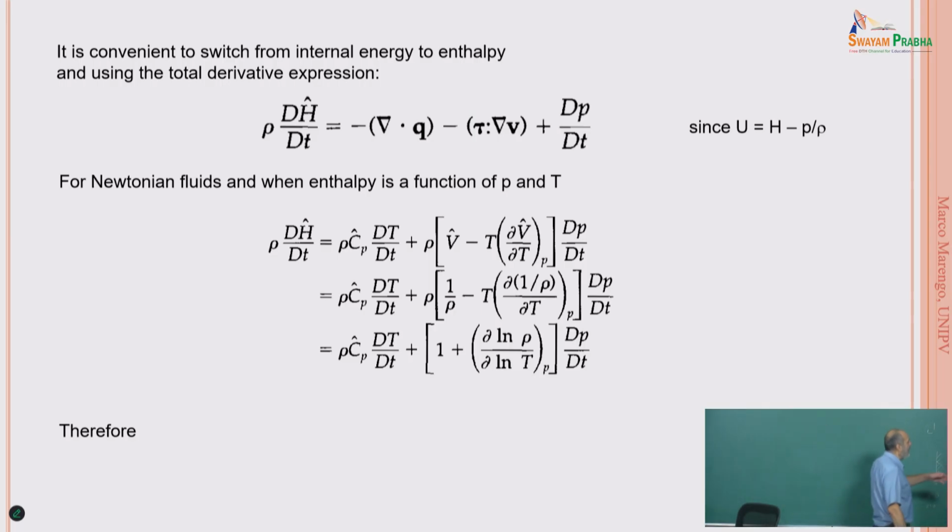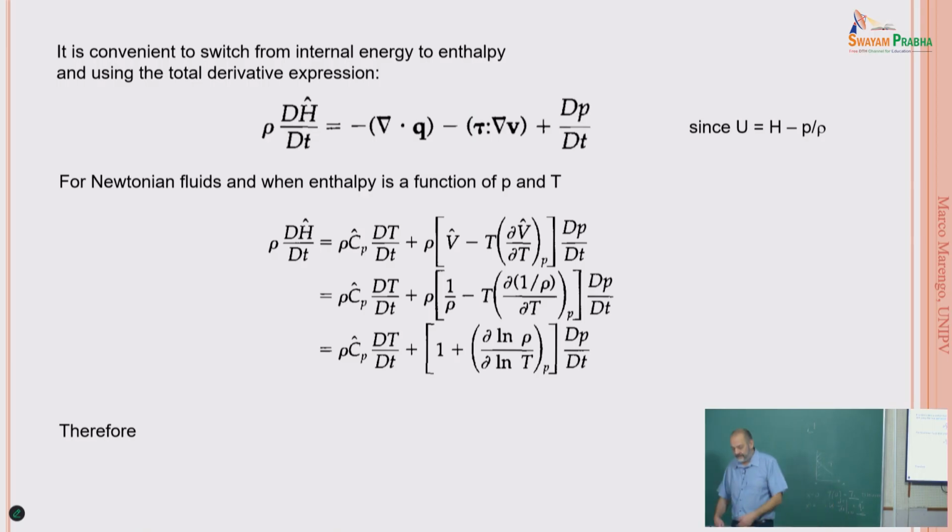Note that when we have Newtonian fluids, we can rewrite the expression considering also the variation of enthalpy with the pressure, as I said yesterday. So if you consider that, you land on this expression, which is quite interesting, because it says that the total derivative of H multiplied by rho is equal to the total derivative of the temperature with respect to time multiplied by rho Cp.